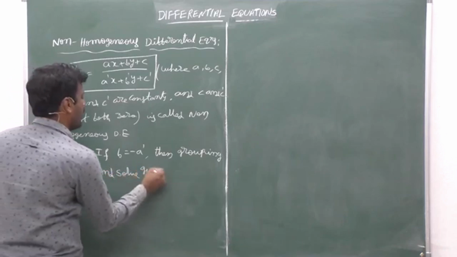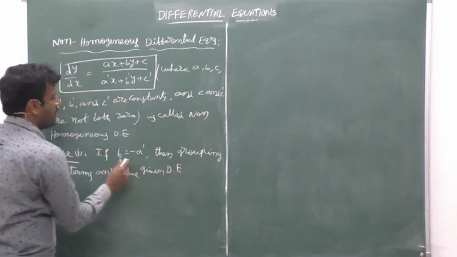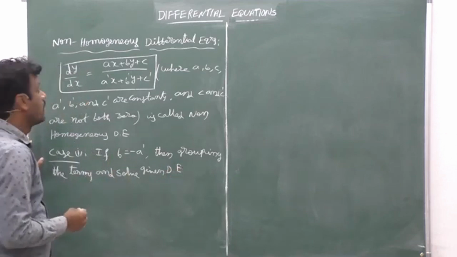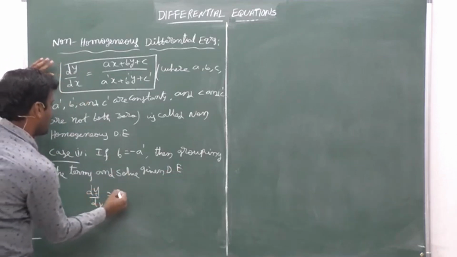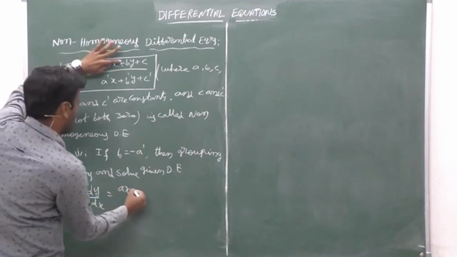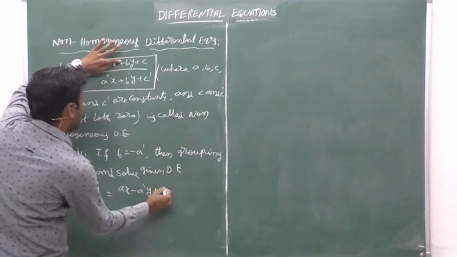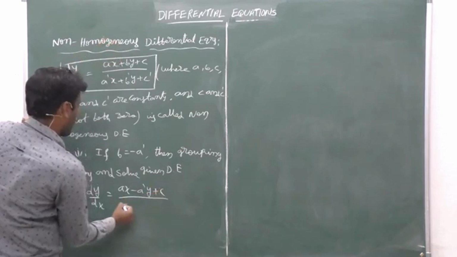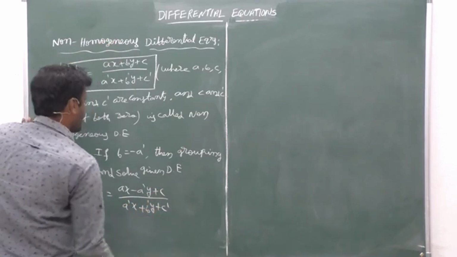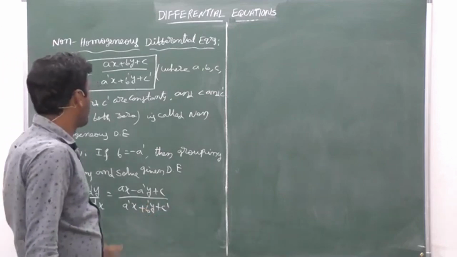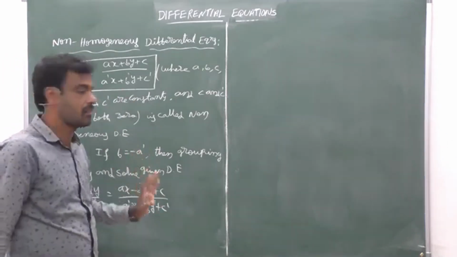That means dy by dx becomes dy by dx equal to (ax minus a dash y plus c) by (a dash x plus b dash y plus c dash), with b equal to minus a dash.